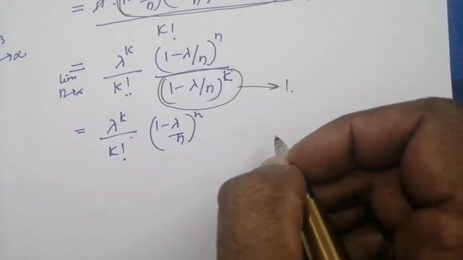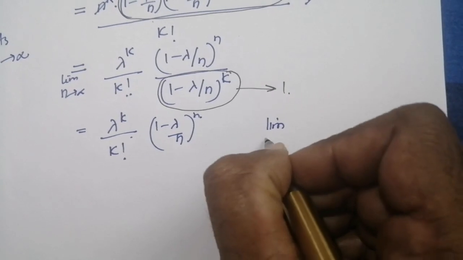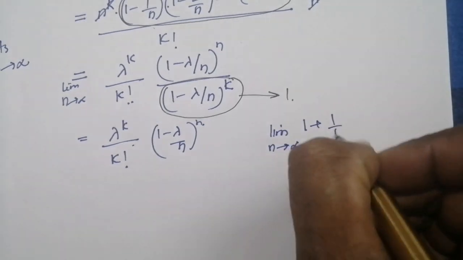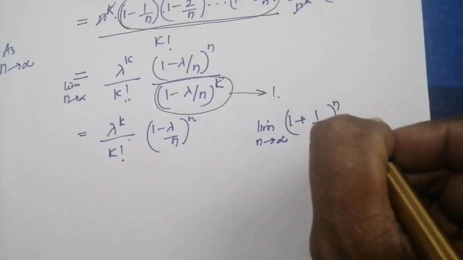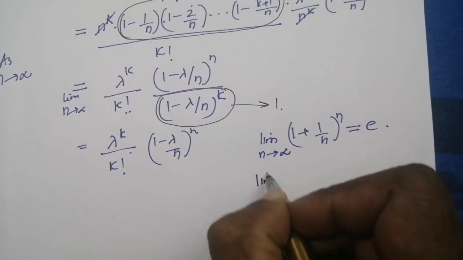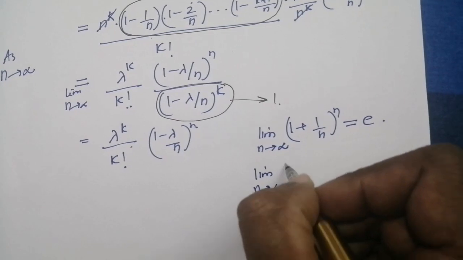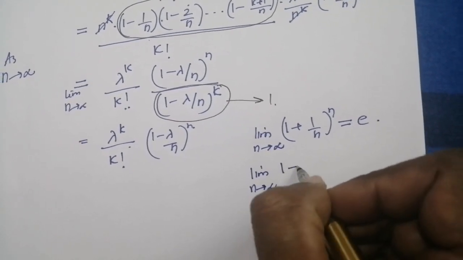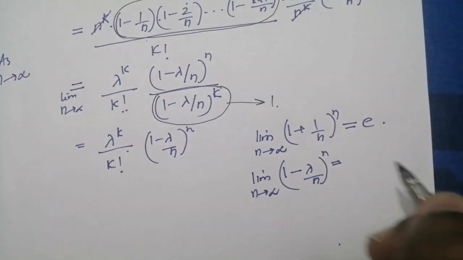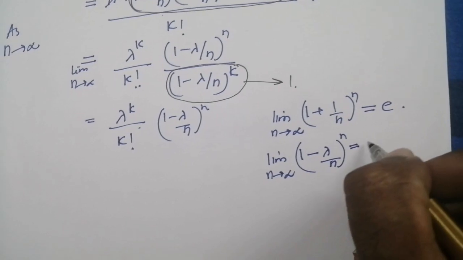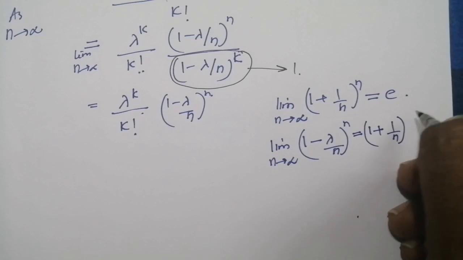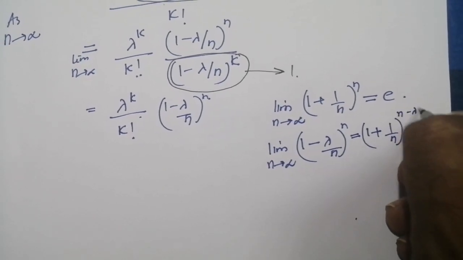So we know that the limit as n tends to infinity of 1 plus 1 by n the whole raised to n is e. Then the limit as n tends to infinity of 1 minus lambda by n the whole raised to n can be written as 1 plus 1 by n the whole raised to n into minus lambda.